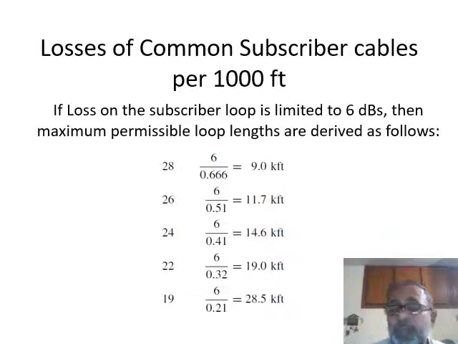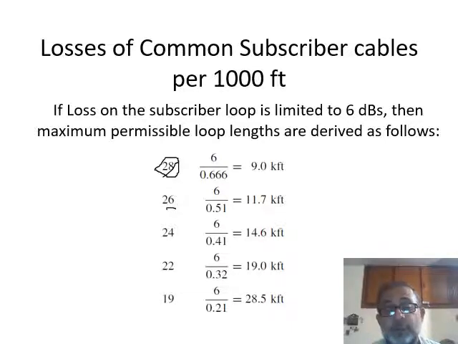For a 28 American wire gauge cable, we have 6 divided by 0.666. I got this value of 0.666 from that very important table that we discussed earlier, and we get a value of 9 kilofeet. Similarly, for 26 we get 11.7. For 24 we get 14.7.